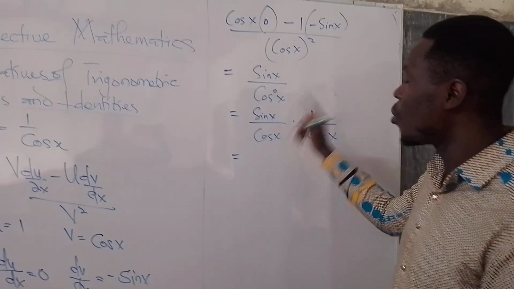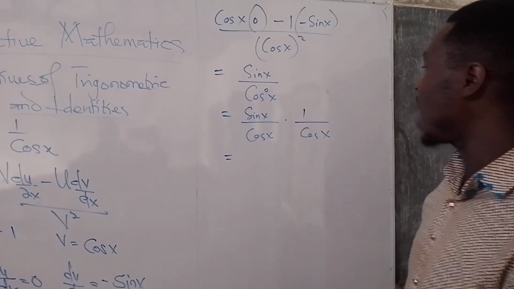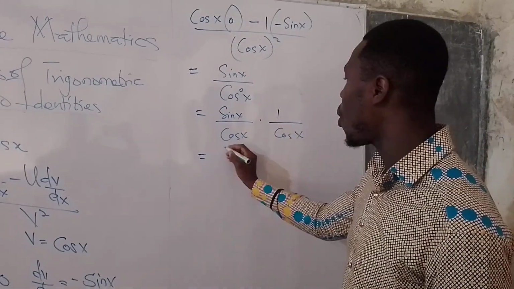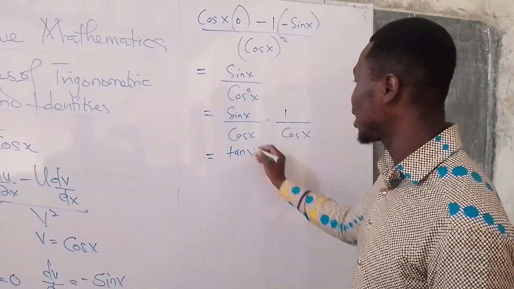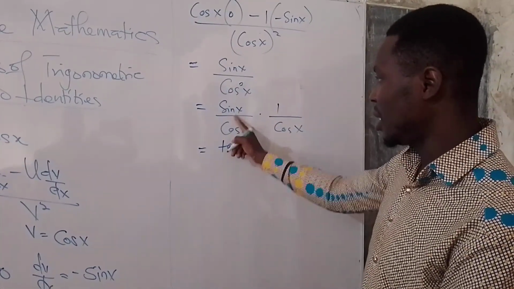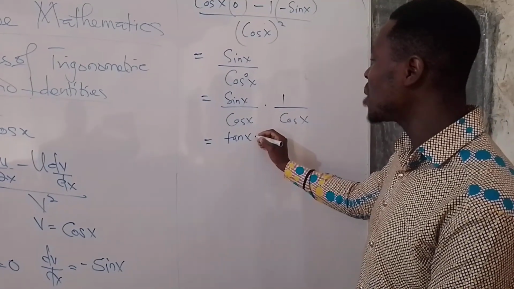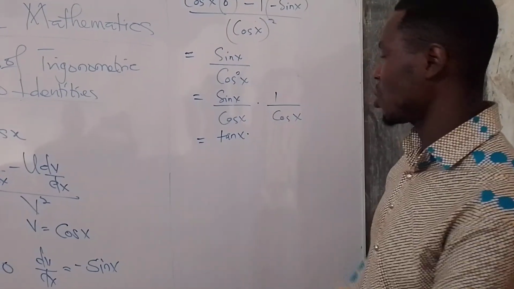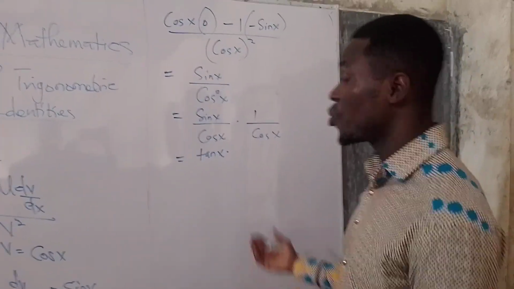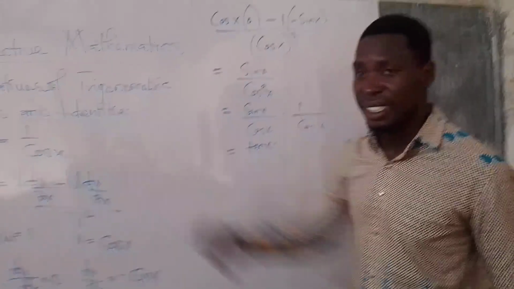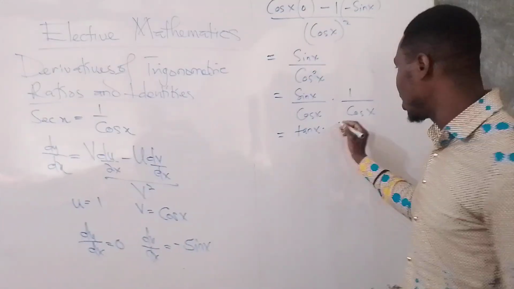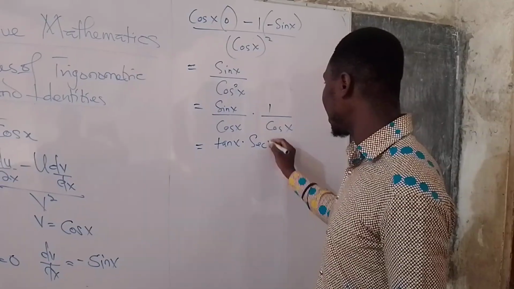Sine x over cos x, what do we have? We have what we call tan x. Then multiply by this 1 over cos x, which we already know is the same as sec x.